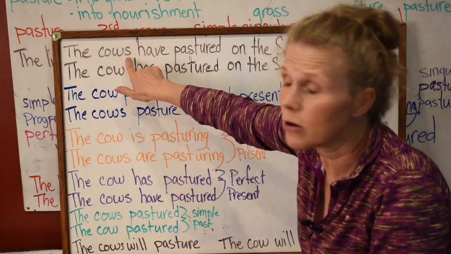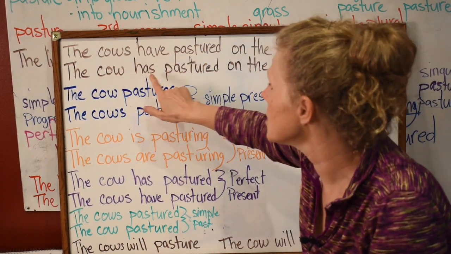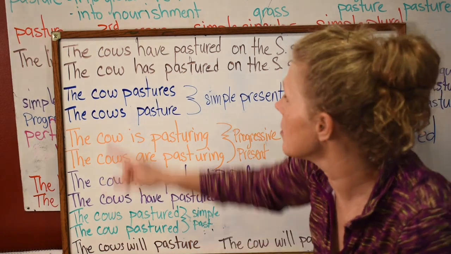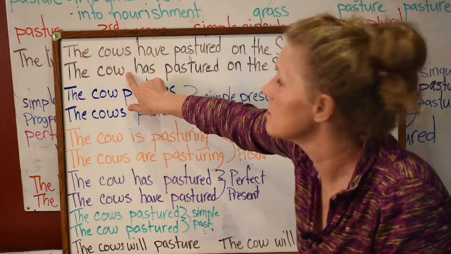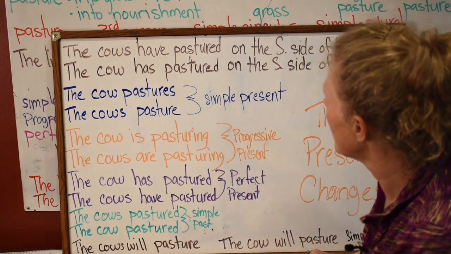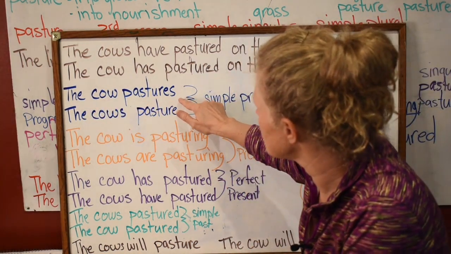See, this is plural, plural. Singular, singular. The nouns do not matter. When you add on your plural s, it's plural. But these matter on how you use them. The cow pastures.